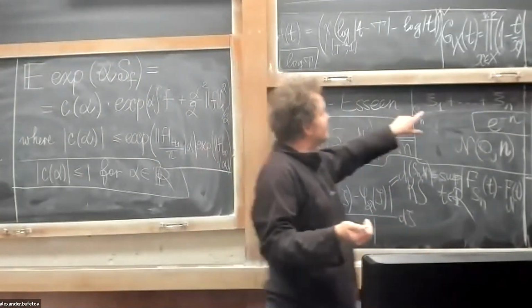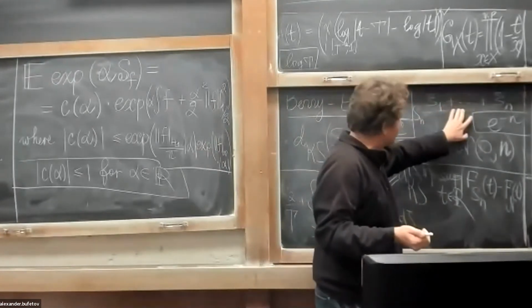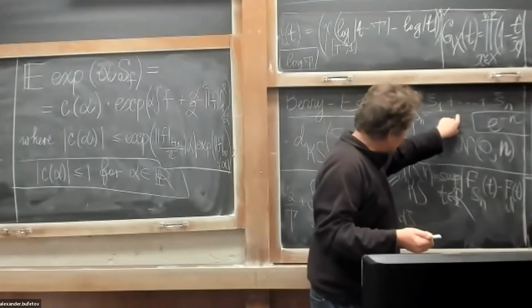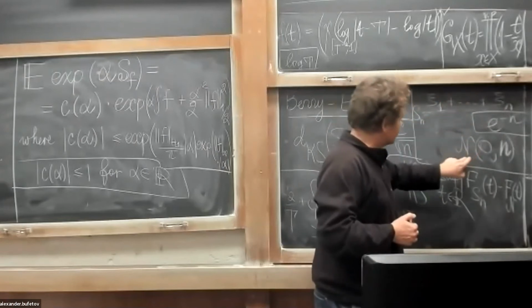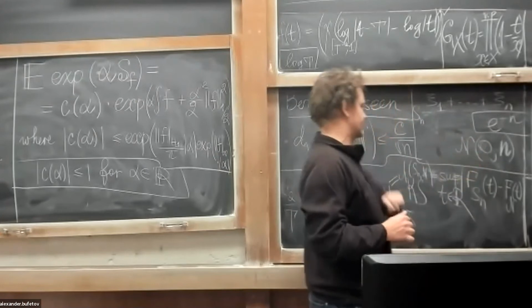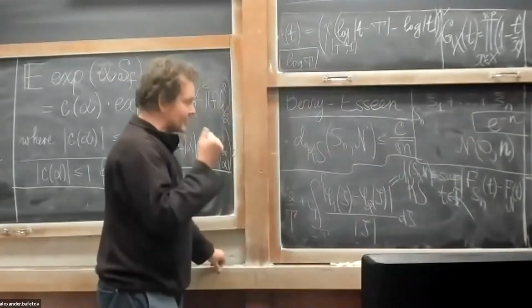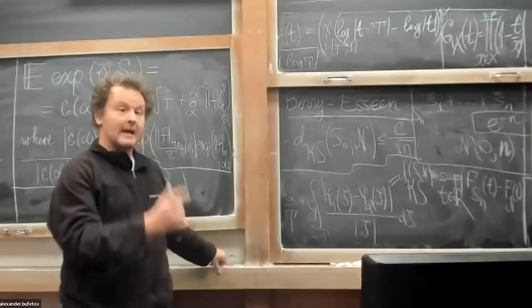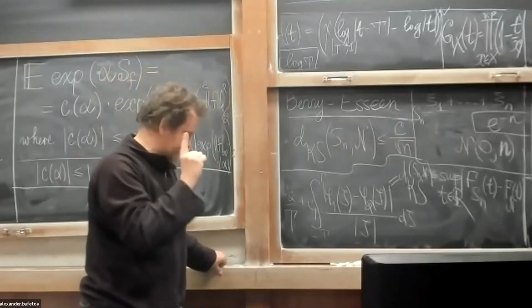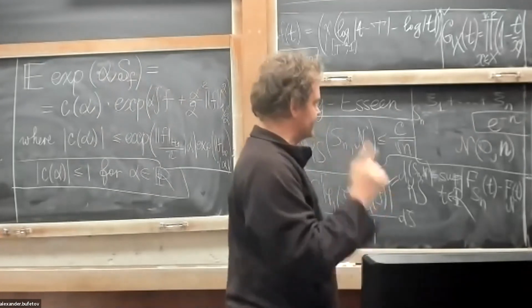I want to say that the probability that this random variable is large is comparable to the probability of the same event for this quantity. And this is exactly where the Berry-Esseen inequality doesn't give me anything. But now comes the key point.